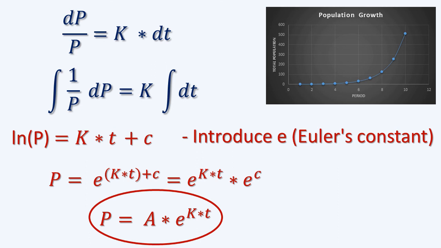But e raised to c is a constant, which we can name A. And therefore we are left with the final equation of population P equals A times e raised to k times t, which is our population formula. From this formula, we can get our population at any time.